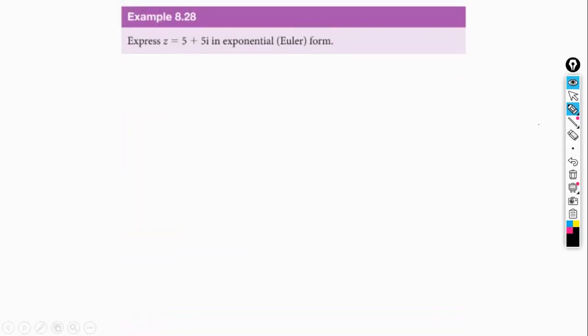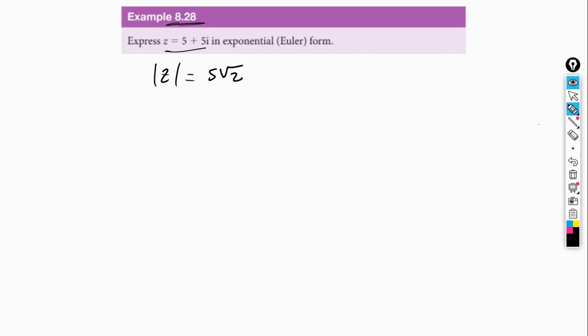So now we have example 8.28, and it says express z equals 5 plus 5i in exponential or Euler form. So basically what we need, first of all, is the modulus, which we know in this case would be the square root of 25 plus 25. That's the square root of 50, which is going to end up being 5 square root of 2.